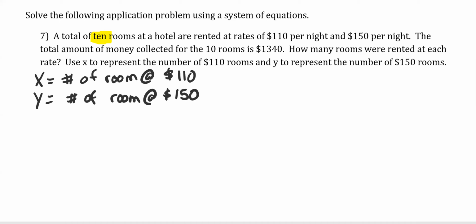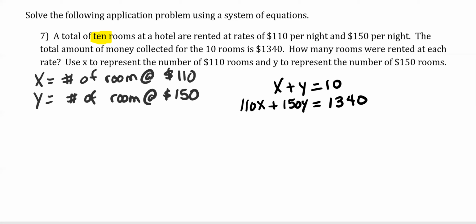So if X is the number of rooms at 110 and Y is the number of rooms at 150, we know that X plus Y has to equal 10 rooms. And then our second equation will be money. So we need 110 times X plus 150 times Y to equal the total amount, which is 1,340. And then I will leave this for you to solve.